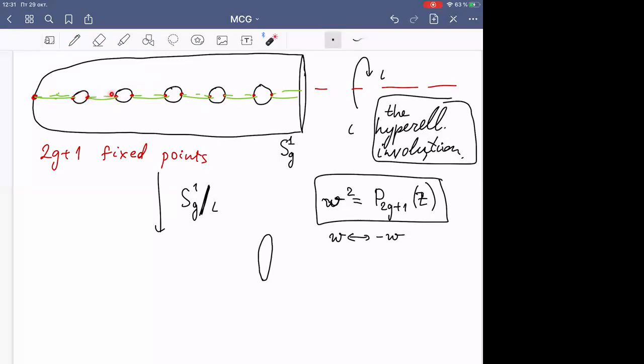We glue this one with that one and so on, since they are taken to each other by the hyperelliptic involution.